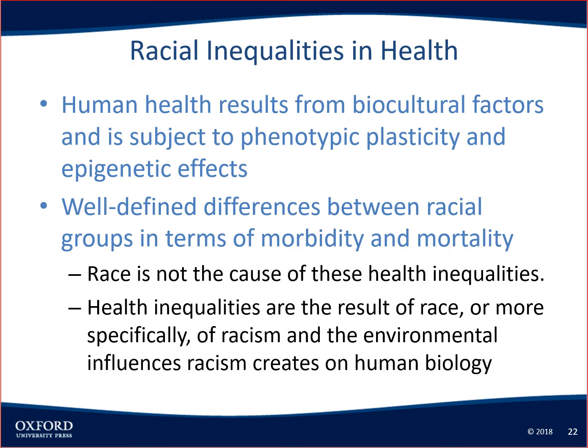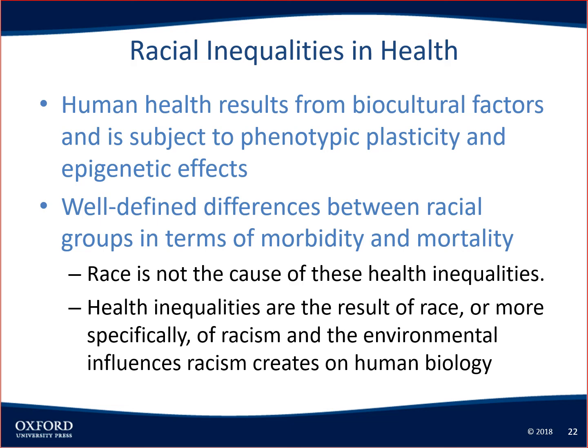Racial inequalities in health. Human health results from biocultural factors and is subject to phenotypical plasticity and epigenetic effects. There are well-defined differences between racial groups in terms of morbidity and mortality. So these are the incidence of disease as well as the life expectancy.